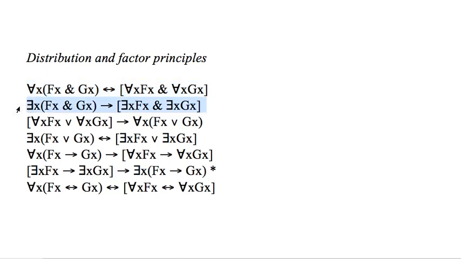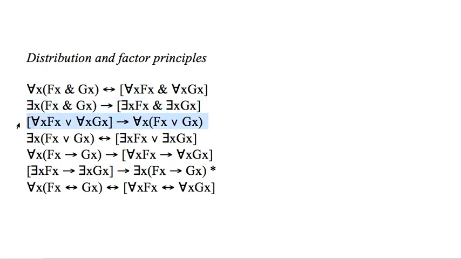On the other hand, if something is an f and a g, all that follows is that something is an f and something is a g, but we can't turn this around. We can't say that if something's an f and something's a g, then some one thing is an f and a g. That doesn't follow, and we can't construct a proof of it. But you should construct the proof in the left to right direction here.